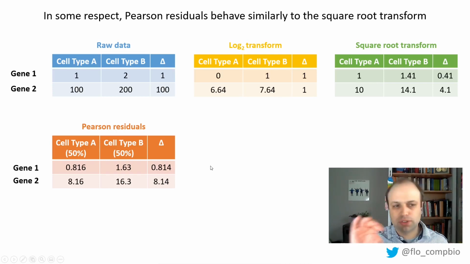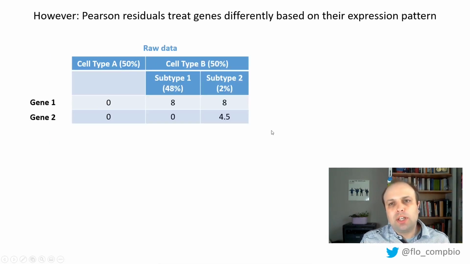That makes sense because you divide by the square root, so what you get is, again, the square root. So in some ways it's similar to the square root transform. However, in other ways, it's completely different. So it depends totally on the data.